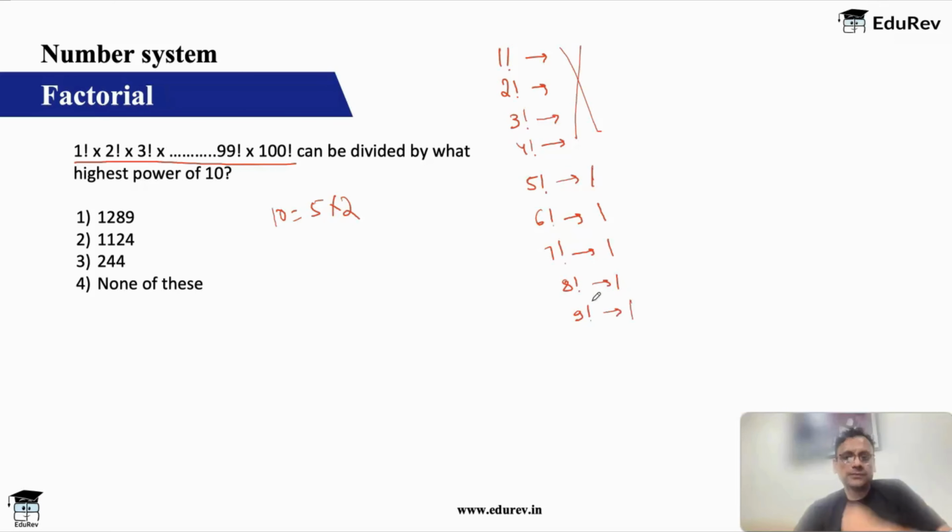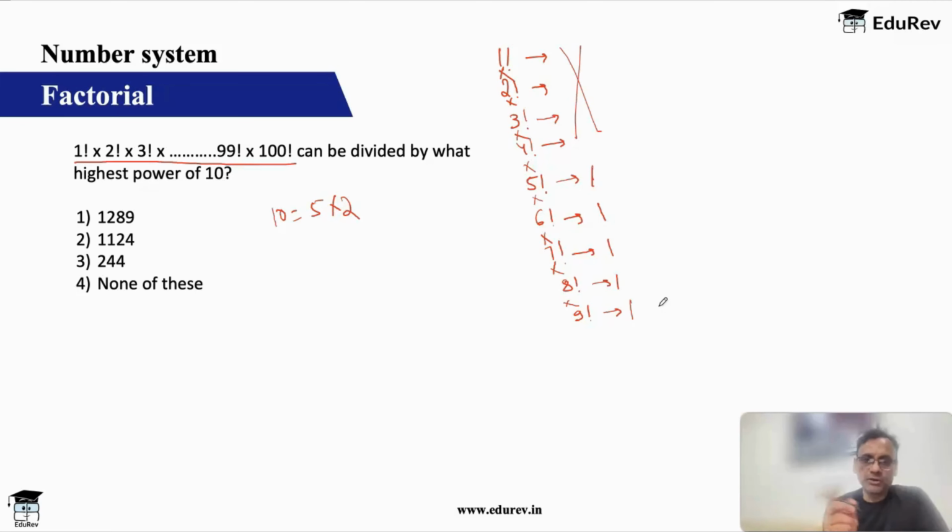So that means when you multiply them, 1, 2, 3, 4 do not matter. They will not give you any 0. But when you multiply 5, 6, 7, 8, 9, you get 5 into 5 into 5 into 5 into 5. That means they'll give you 5 to the power 5. Each one of them will give you 1 5 and they all are getting multiplied. So you'll get 5 to the power 5.